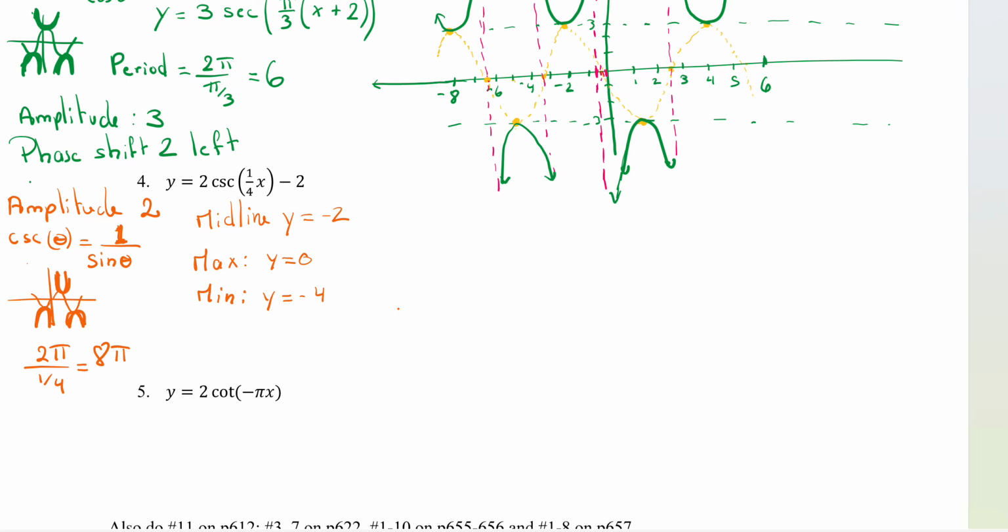Actually, I don't need that much room below, because the maximum is 0, right? So let's put that up here.